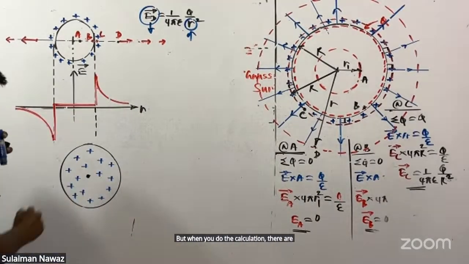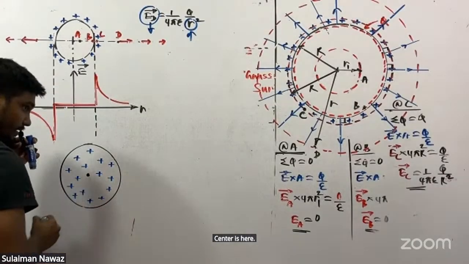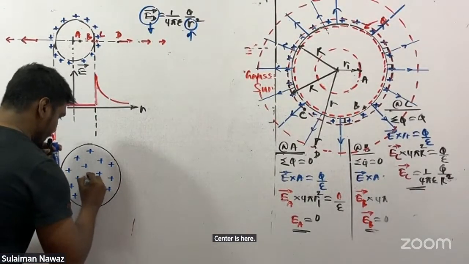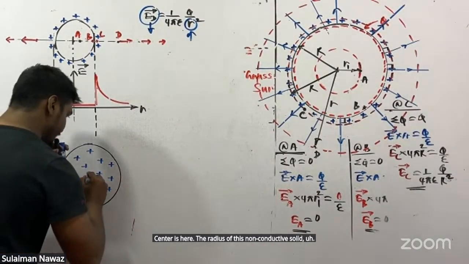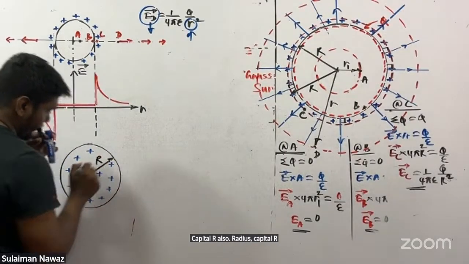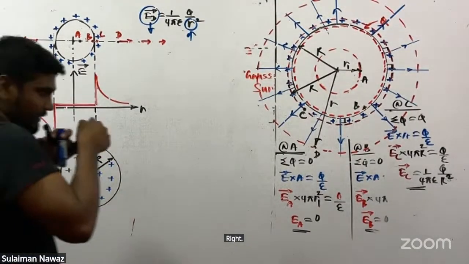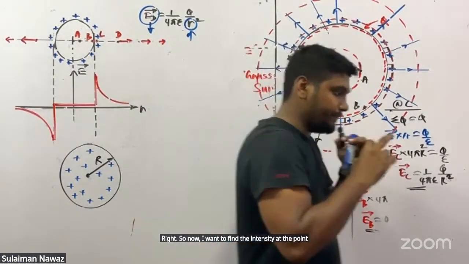The radius of this non-conductive solid sphere I mark as capital R. Right. So now I want to find the intensity at a point inside the sphere.